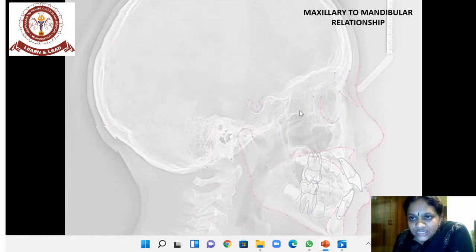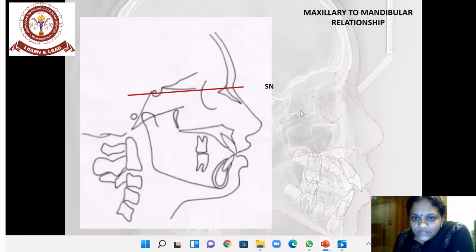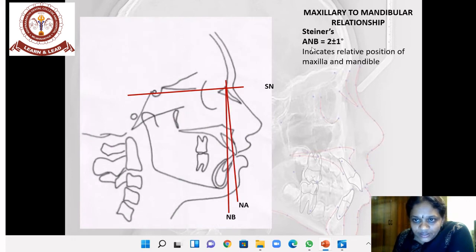Coming to the maxilla to mandibular relationship, that is your ANB angle that I have discussed already. This is a revision of what we have discussed so far, compiled in a single slide. The relationship of maxilla to cranial base was done by SNA. Mandible to the cranial base is done by the SNB angle. The intermaxillary relationship, SNA minus SNB, is your ANB angle. It indicates the relative position of maxilla and mandible to the cranial base.